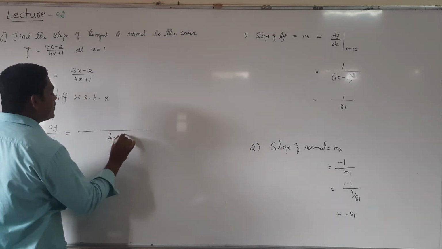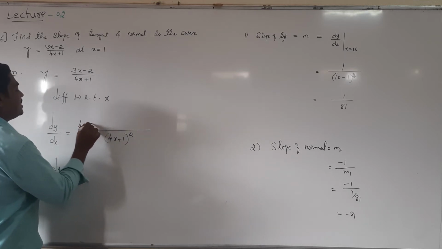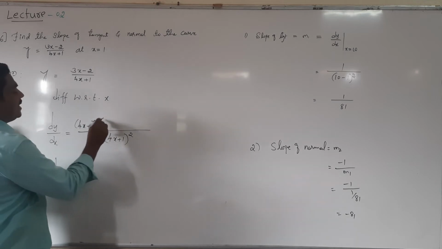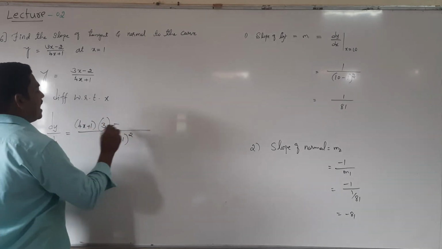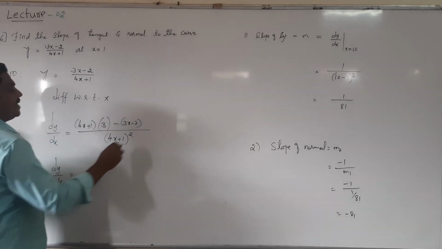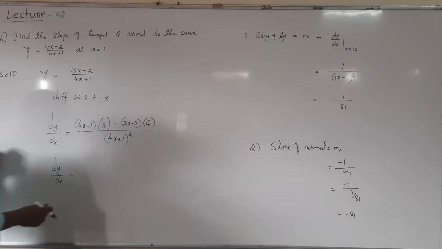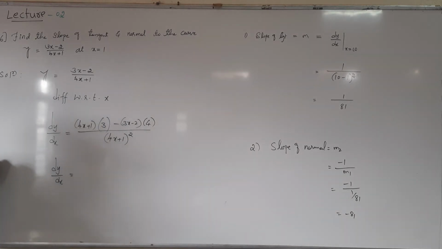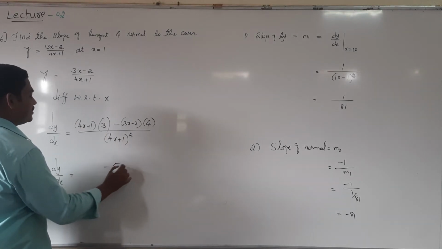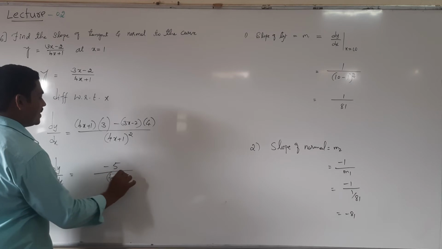Denominator whole square, denominator as it is. Differentiate numerator, it is 3 only, minus numerator as it is. Differentiation of denominator, 4. Lastly we get minus 5 divided by (4x plus 1) whole square.